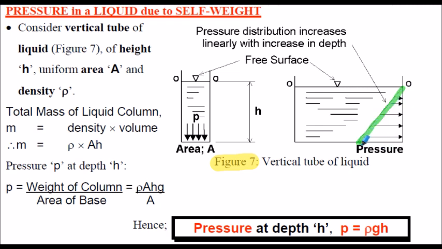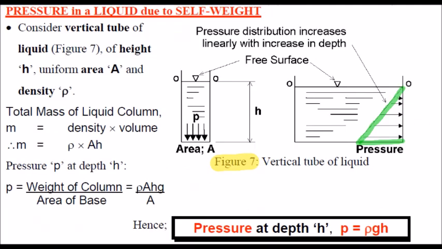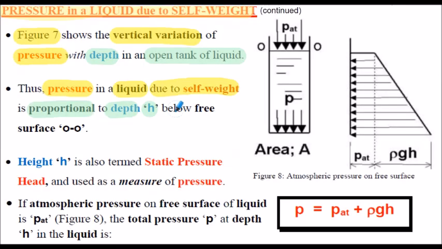So there is larger pressure at the base of the tank than at the free surface of the liquid. So the pressure in a liquid due to self-weight is proportional to the depth, labelled h here on figure 7, below the free surface, labelled OO here.